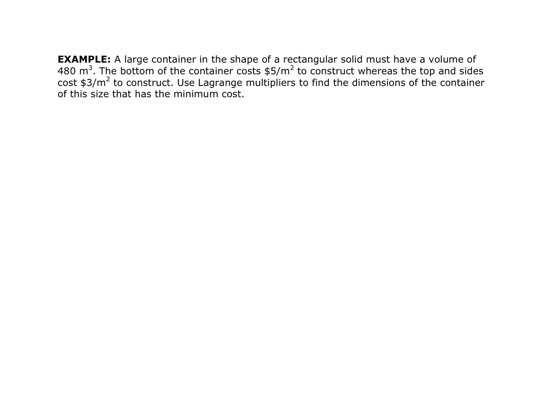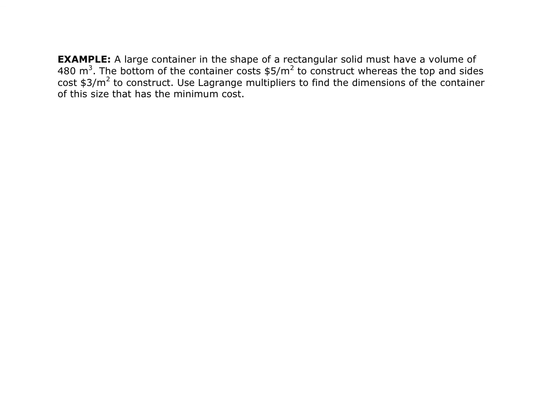We have a large container in the shape of a rectangular solid that must have a volume of 480 meters cubed. The bottom of the container costs $5 per meter squared to construct, whereas the top and the sides cost $3 per meter squared. Use Lagrange multipliers to find the dimensions of the container.